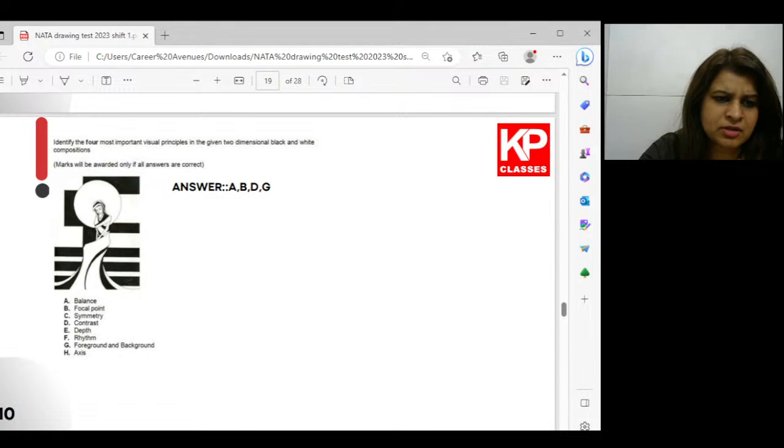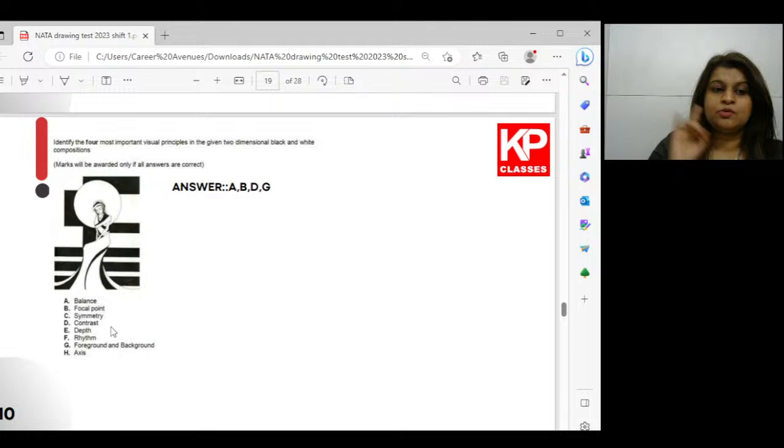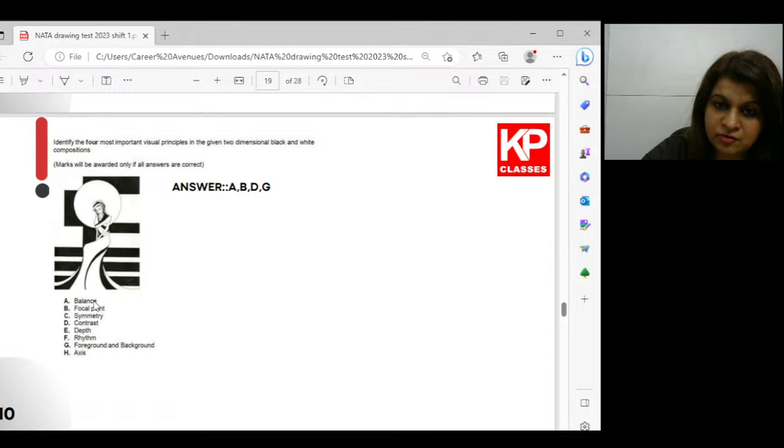I think they haven't given the option of asymmetrical, right? They have just given balance, and there is a third option which says symmetry. So please, you have to judge yourself what the options are all about. Symmetry is part of balance, but I am not going to choose symmetry because even though it's balance, it's asymmetrical balance.